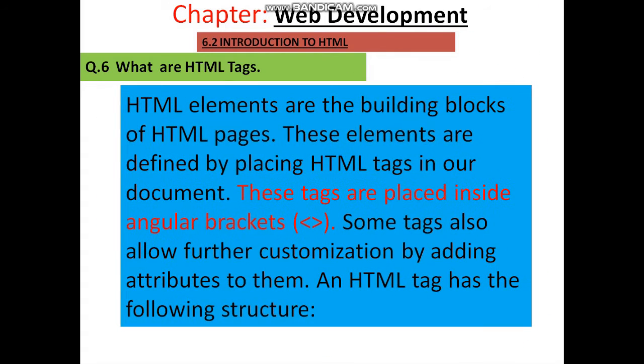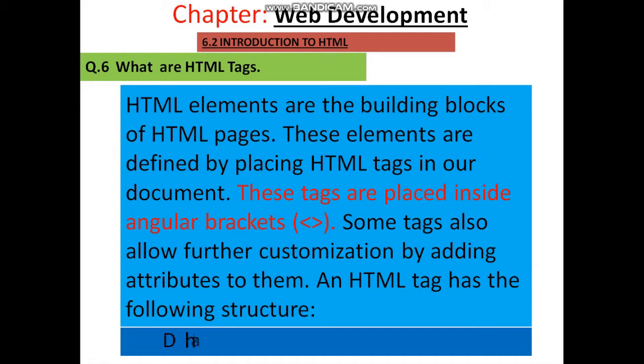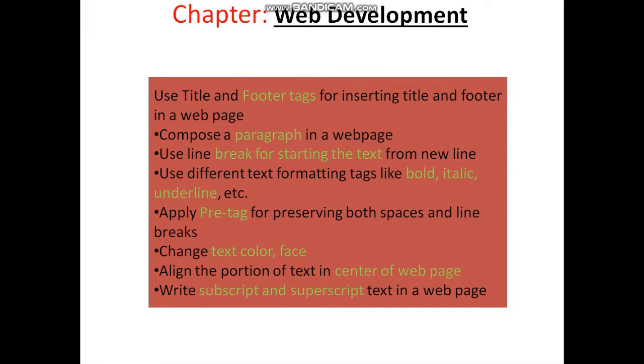What are HTML tags? These tags are placed inside angular brackets. We use angular brackets for all the tags. We have different kinds of tags: footer tag, paragraph and break for starting the tags.